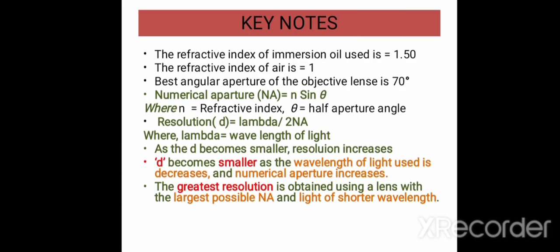Now coming to the most important things. Here some key notes are mentioned and you just remember all these things. First, the refractive index of immersion oil used is 1.50. Next, the refractive index of air is 1.